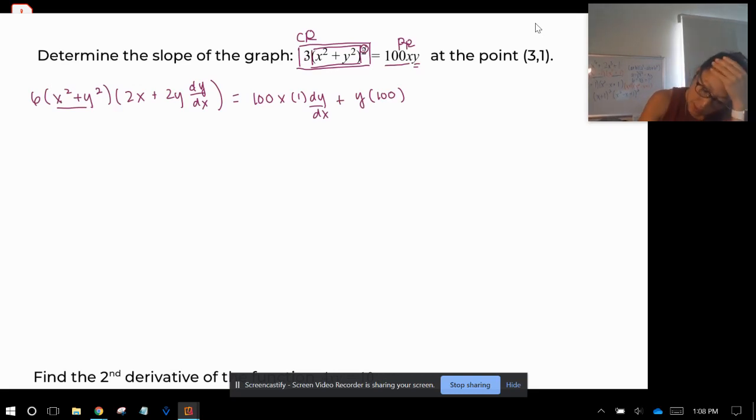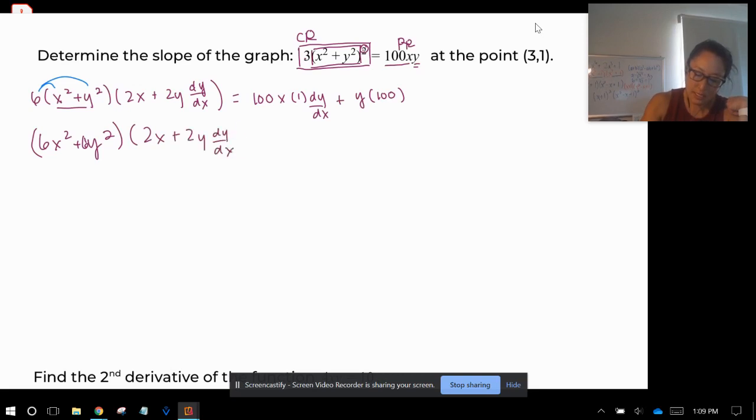Cool? So we're going to gather up all of our dy/dx terms. Okay, so I'm going to distribute this guy in first. So I have 6x squared plus 6y squared, and then 2x plus 2y dy/dx is equal to 100x dy/dx plus 100y.